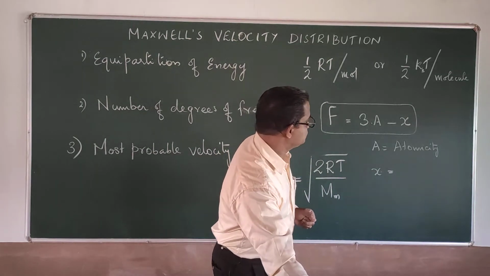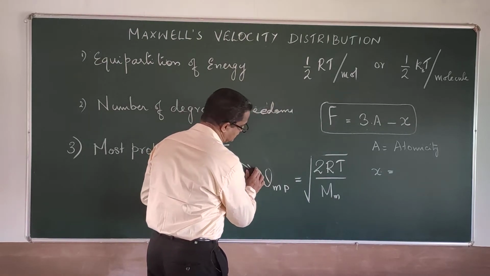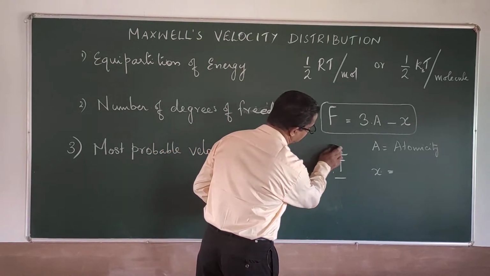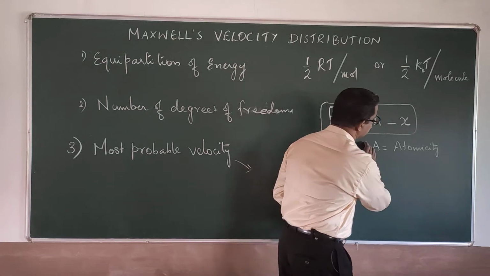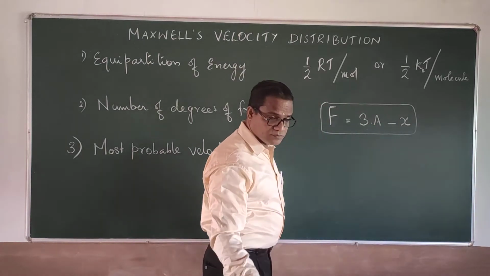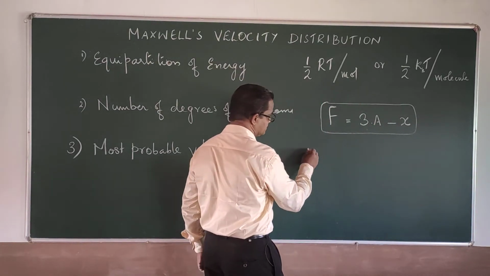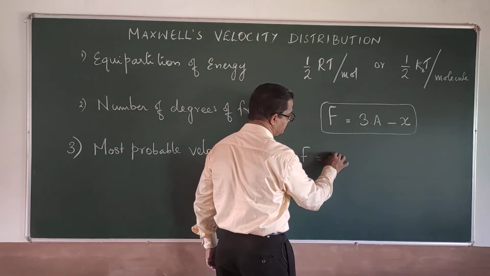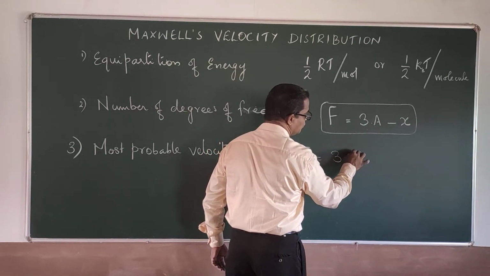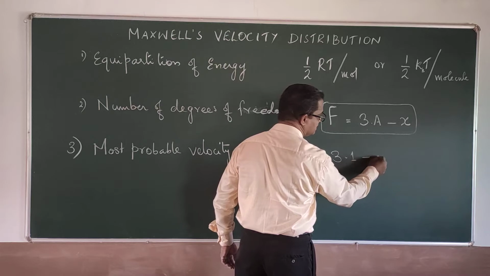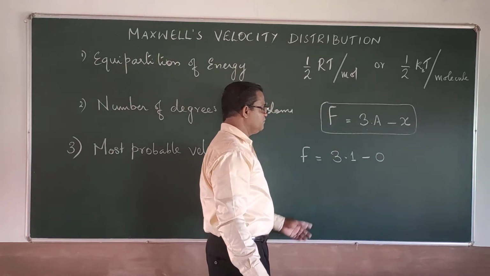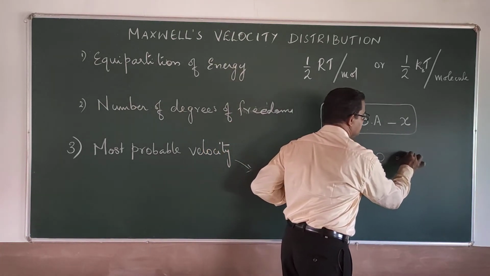Okay? So, how to calculate the number of degrees of freedom for a monatomic gas? Monatomic gas: number of degrees of freedom will be 3 into 1, minus nothing to relate, therefore the number of degrees of freedom is 3.